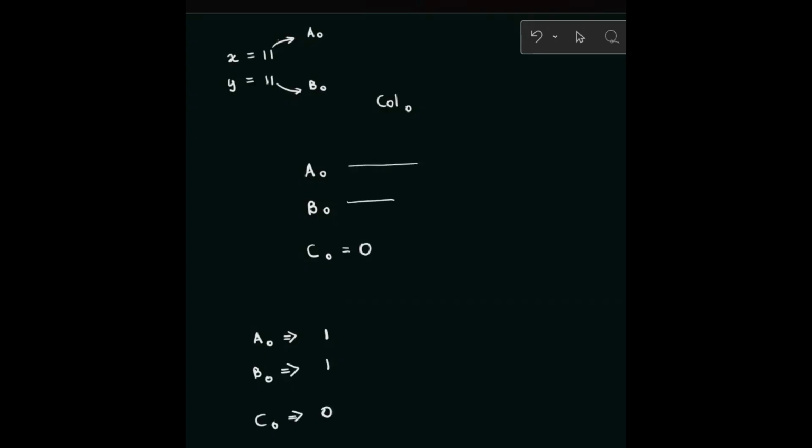Now we are going to input all these three into a full adder, and we are going to call this the full adder 0. This is going to give us the outputs S0 and C out.